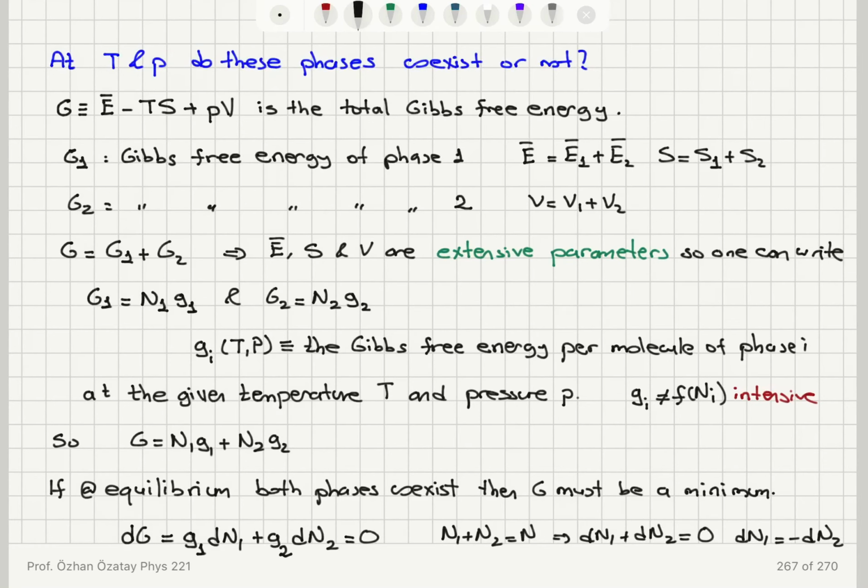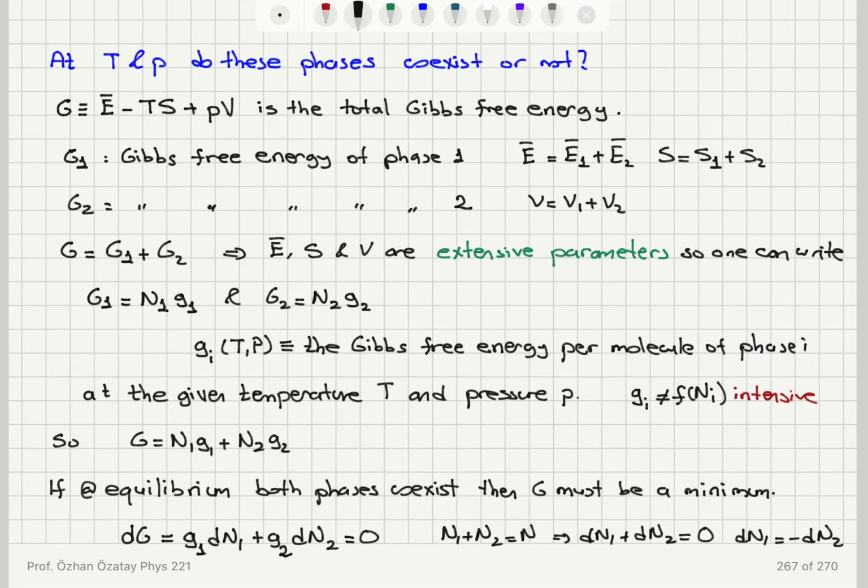And for the coexistence of these two phases, the total Gibbs free energy must be a minimum, so if I look at the infinitesimal changes in the Gibbs free energy, that must be equal to 0 for the choice of values of G1 and G2.